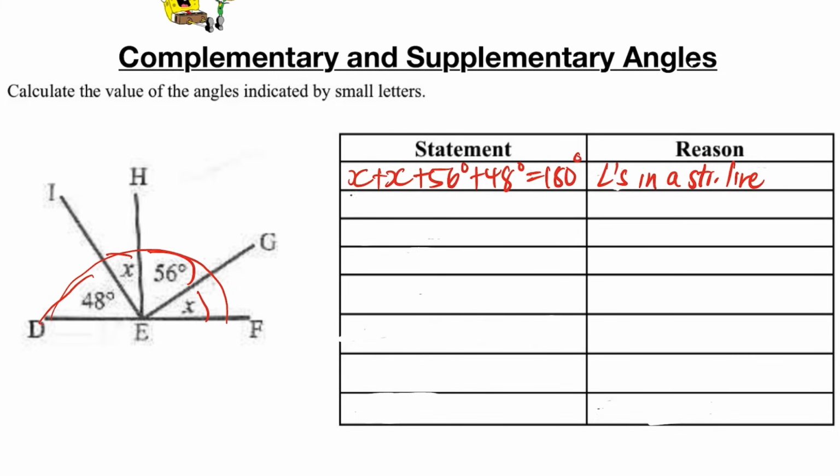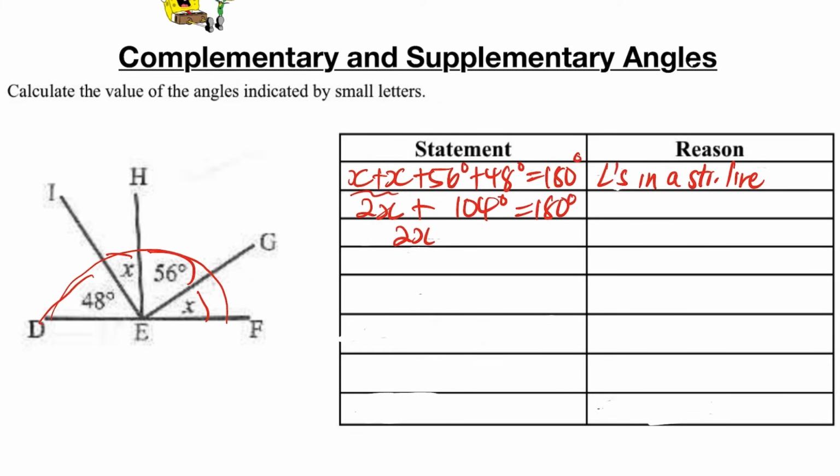So these two will be 2x, 1x plus 1x is 2x, plus 56 plus 48, that'll be 104, yes, equal to 180. So what do you need to do?